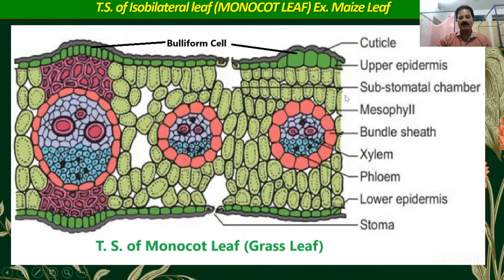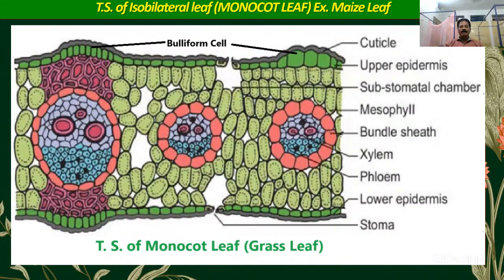Here in monocot, the mesophyll is not differentiated into palisade and spongy tissues. The similar type of ground tissue is there between the two epidermal layers. That's why the monocot leaf is also called an isobilateral leaf. I'll repeat once again: the monocot leaf is also called an isobilateral leaf.